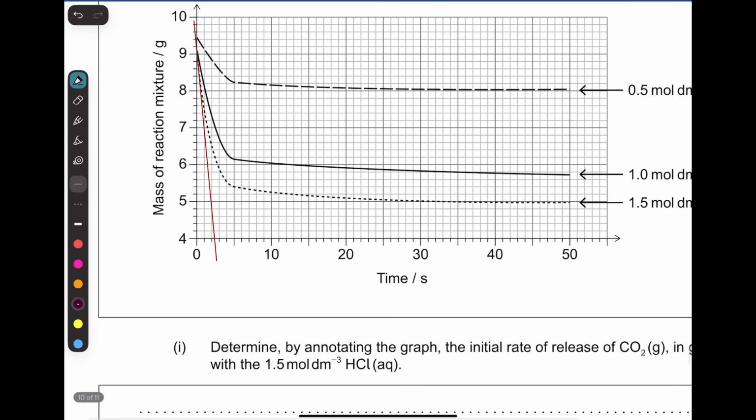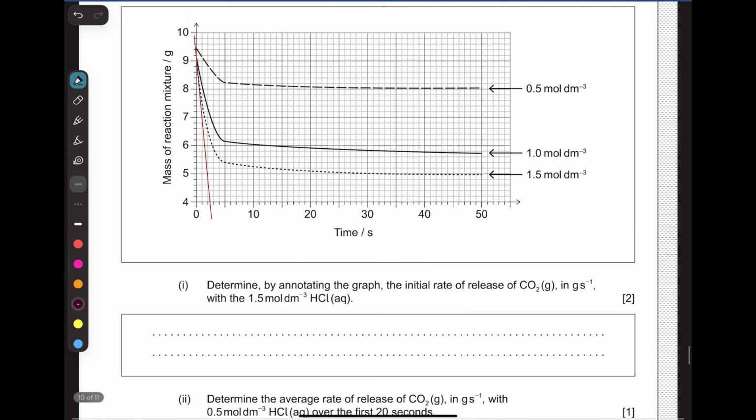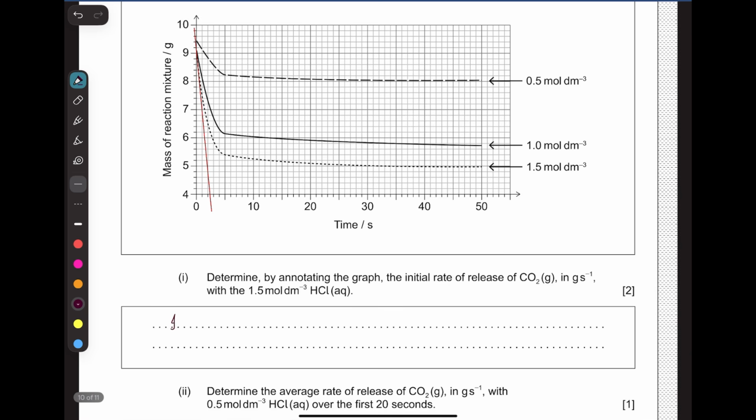The tangent at t equals 0 would give you the initial rate of the reaction. Initial rate would be equal to the negative of the slope of the tangent. So it'll be minus the slope of the straight line.